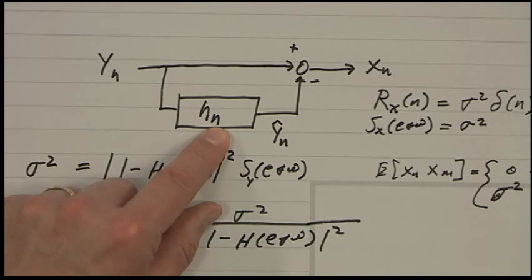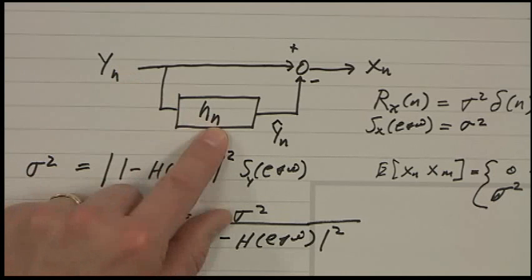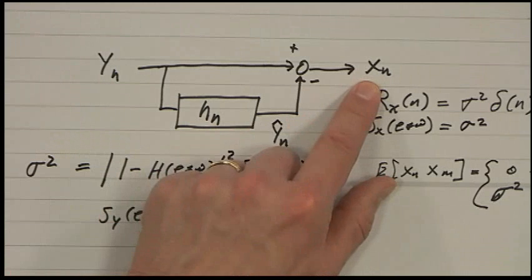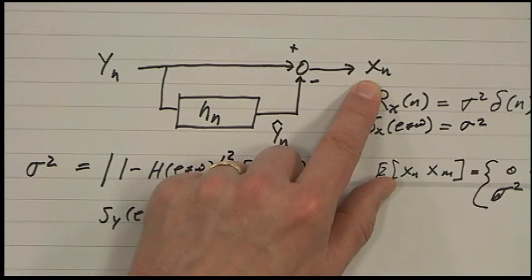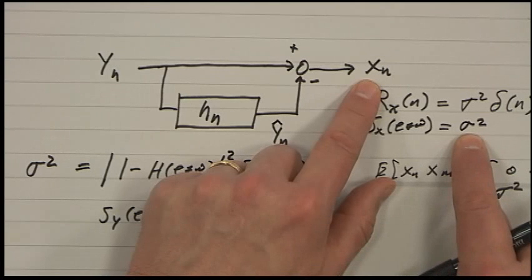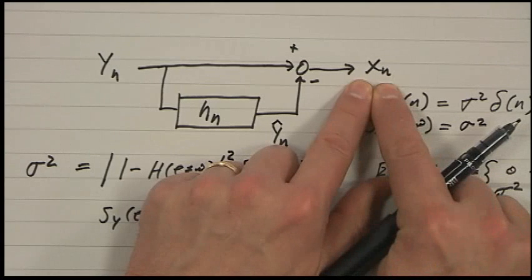So after you subtract off this optimal prediction, what's left over is the prediction errors that we proved are independent, uncorrelated. They have some variance, and whatever that variance is, we just define it as σ². So this power spectrum here is just σ².